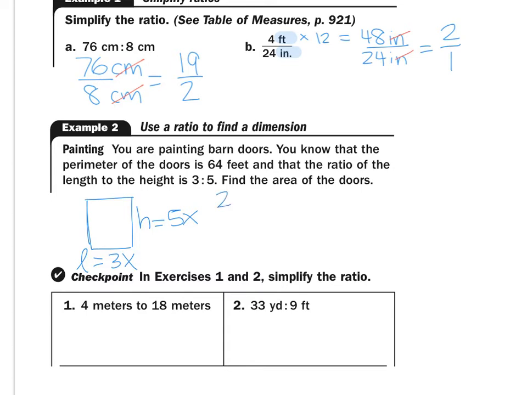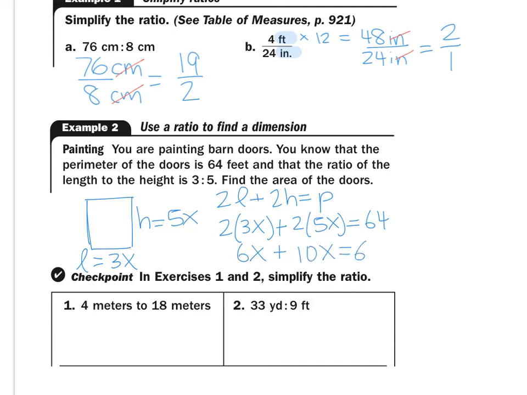Perimeter is 2 times the length plus 2 times the height. So 2 times 3x plus 2 times 5x must equal 64. And you get 16x equals 64.